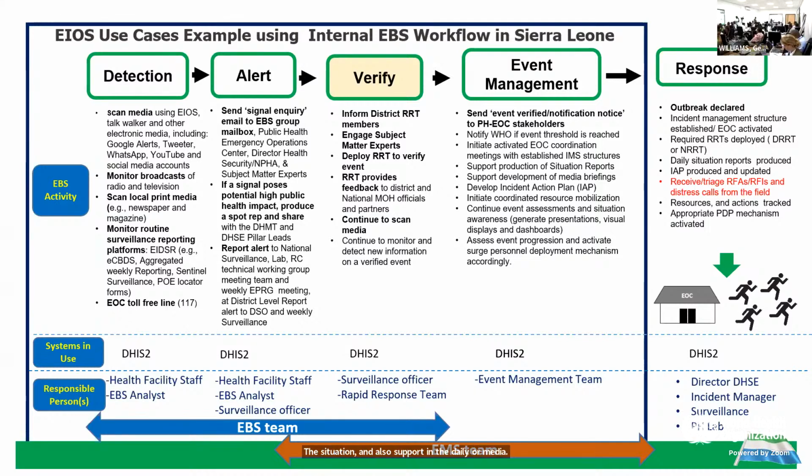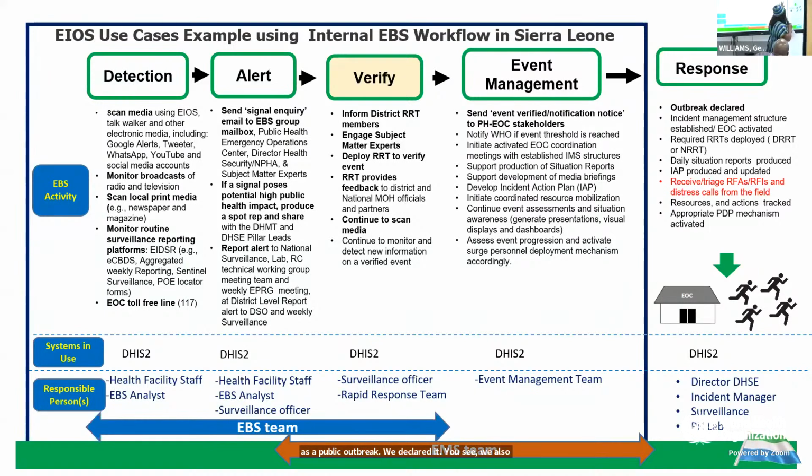We respond if the disease is a public health threat. Then, once it has been confirmed, we activate the EOC because it has been declared a public outbreak. We also involve subject matter experts.